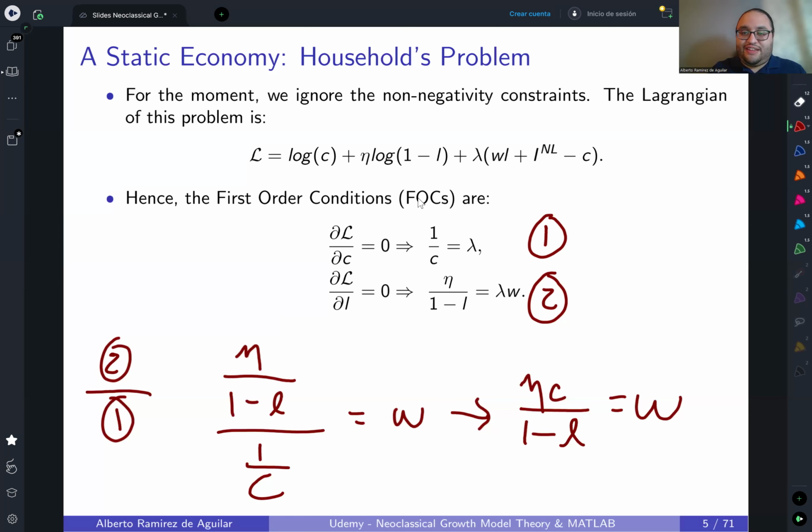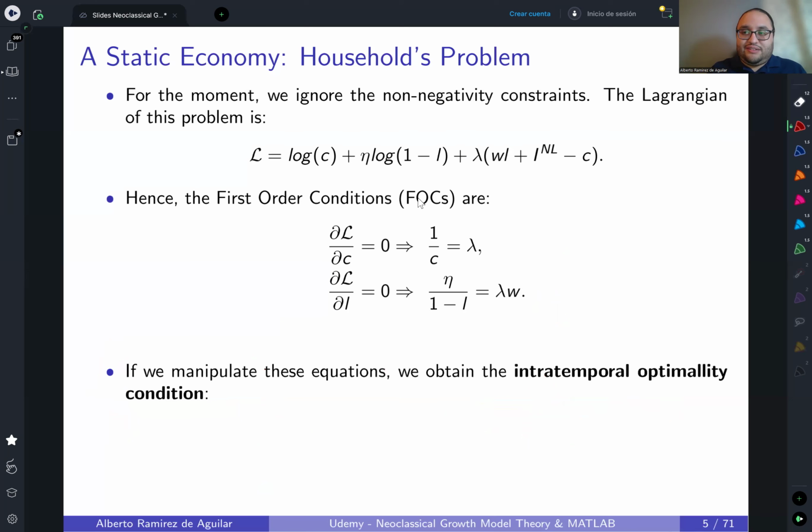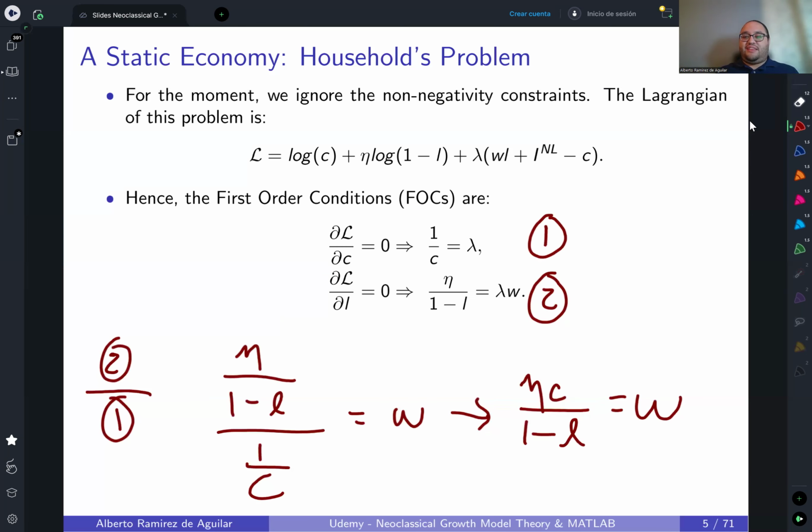Which I have in the following slide. This condition is referred to as the intratemporal equation, okay?